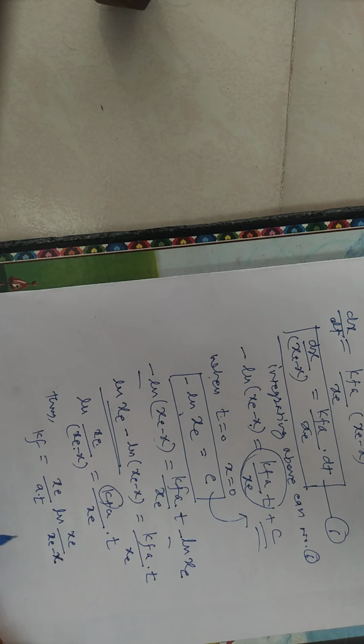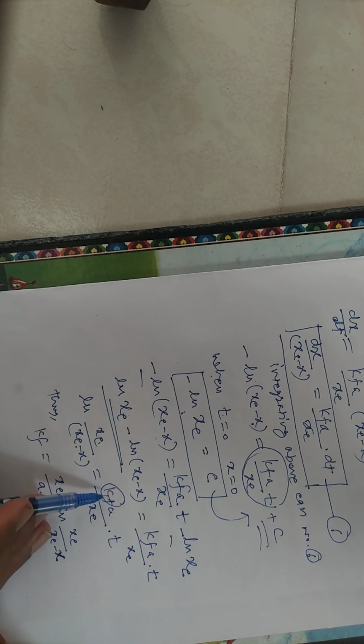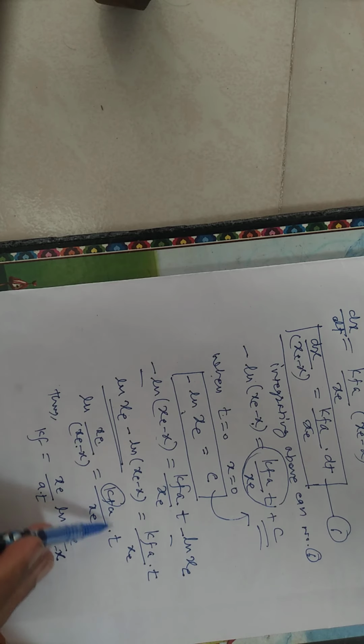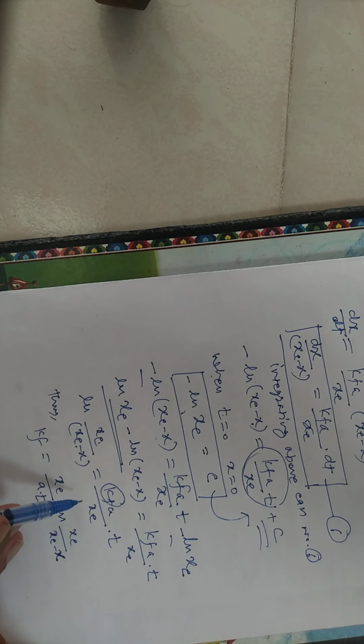That is the simple rearrangement. This xe is in division, so it will go into the multiplication, so it is xe, and here a t is in multiplication, it will go into the denominator. So xe upon at into ln xe upon xe minus x.